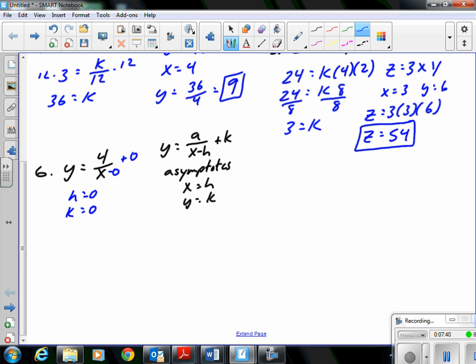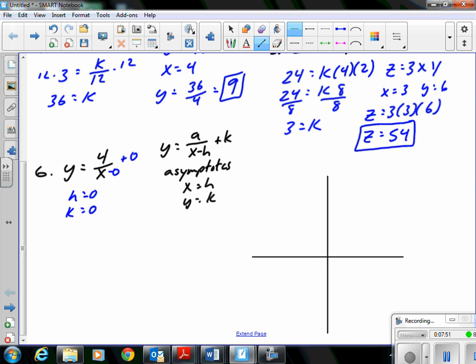So the first thing we do when we graph these type of equations is we want to find the asymptotes and get those listed there.